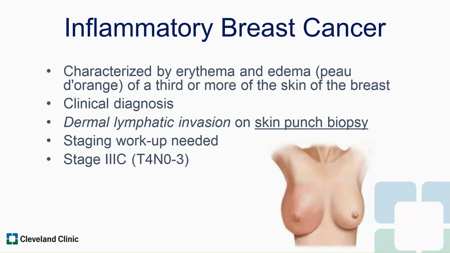Whenever you get the diagnosis of inflammatory breast cancer, you definitely want to do a staging workup. And it's a T4 lesion, but it's not a stage 4 lesion. It can be stage 4, but inflammatory breast cancer is T4, not stage 4. It's actually a T4 lesion makes it stage 3.